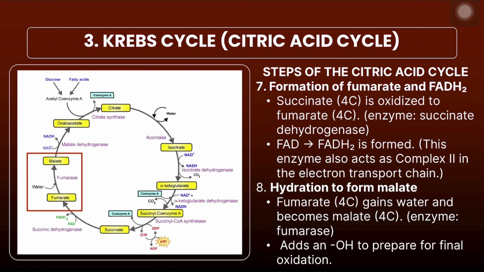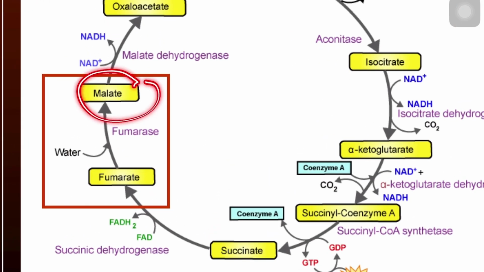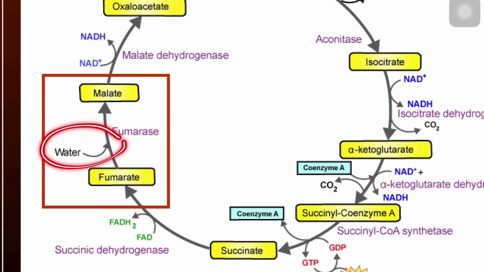So for the next step, the fumarate will turn into malate. A molecule of water is added to fumarate with the help of the enzyme fumarase, and because of that, we have malate.